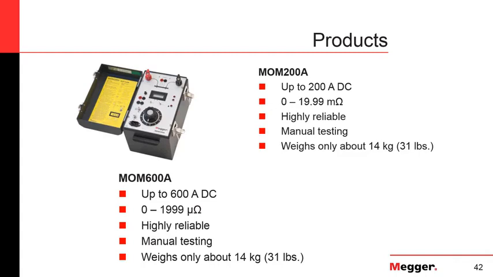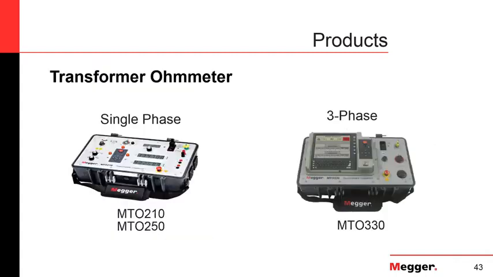In the presentation, I was telling you repeatedly, you should use the right instrument when testing transformer winding resistance. We offer a wide range of instruments. We have a single-phase family and a 3-phase family, and we have several units on each.